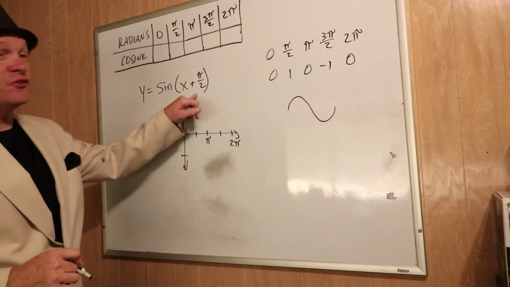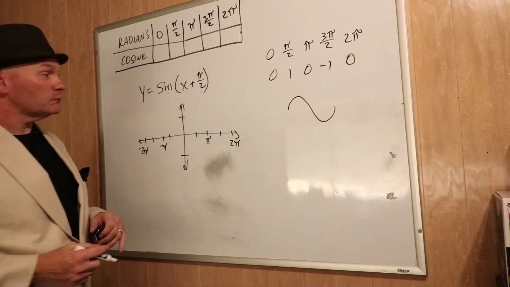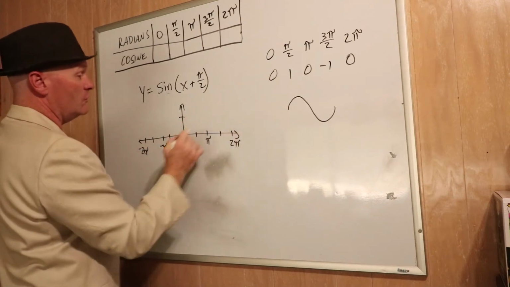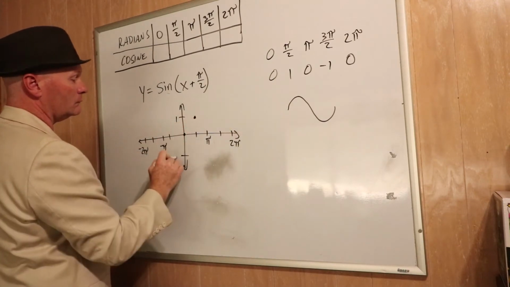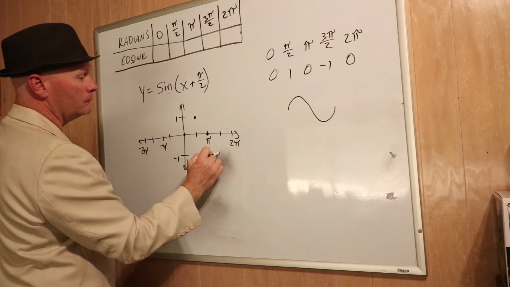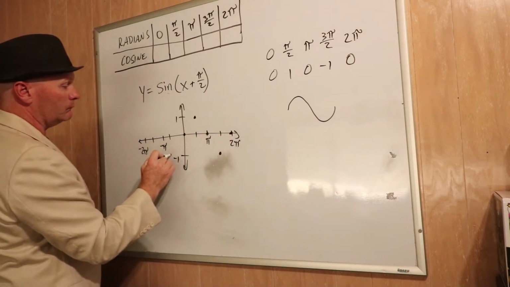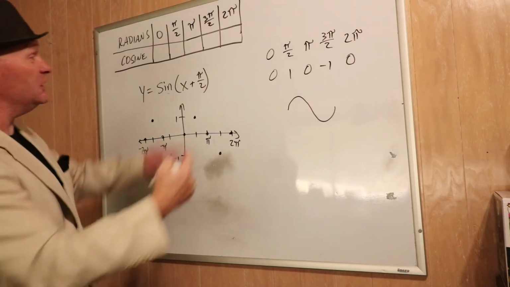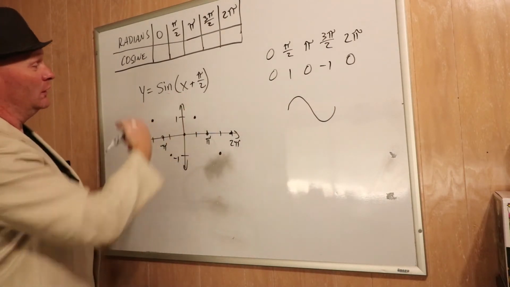So this is a horizontal or phase shift. So we will start with these points. Let's see, pi over 2, 1. And then we will shift each one pi over 2 to the left.